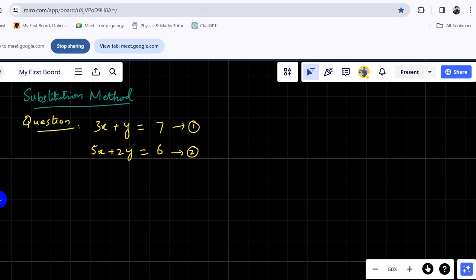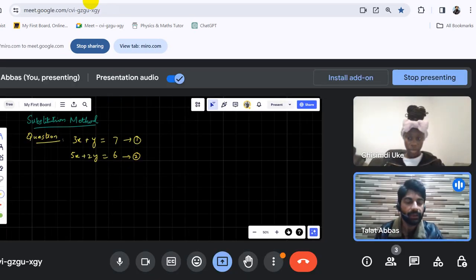So here these both are two linear equations with two variables, and we can solve them using the elimination method or the substitution method. We're gonna do the substitution method today. So what is substitution method? Again, as in the elimination method, we have two equations and you can target equation 1 or 2. What we need to do is always try to target that variable which has coefficient 1.